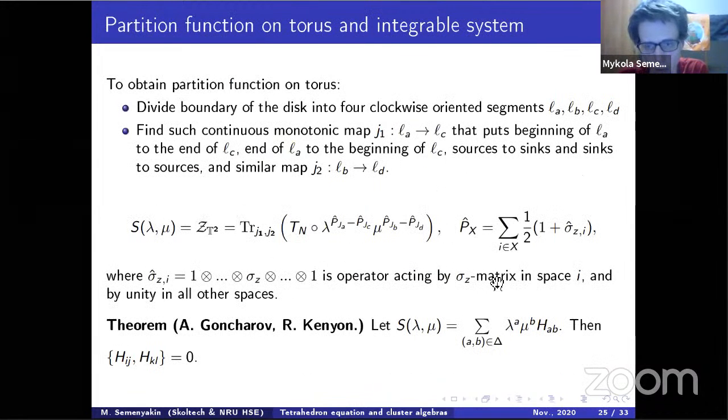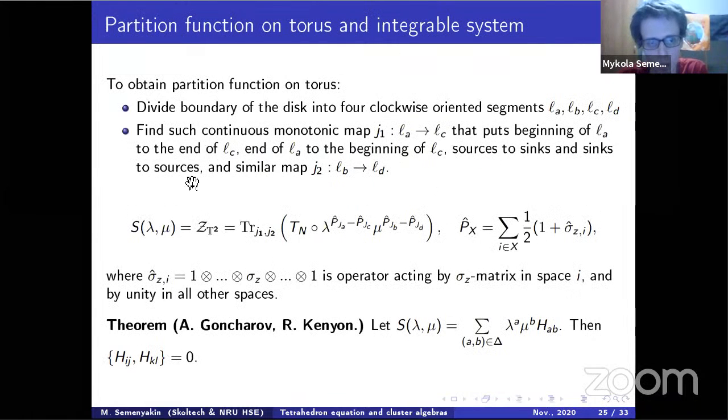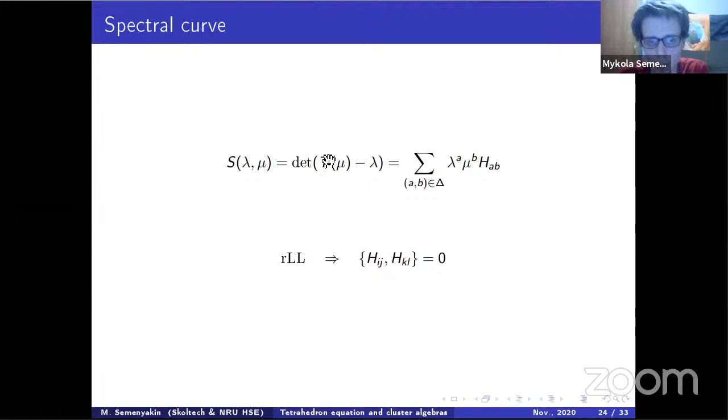And in fact, the general theorem about integrability comes from counting of paths already on the torus. What we do here is take the determinant, which can be decomposed using traces of minors of this matrix.